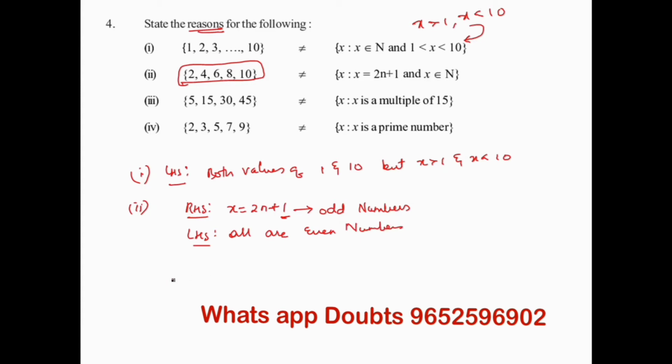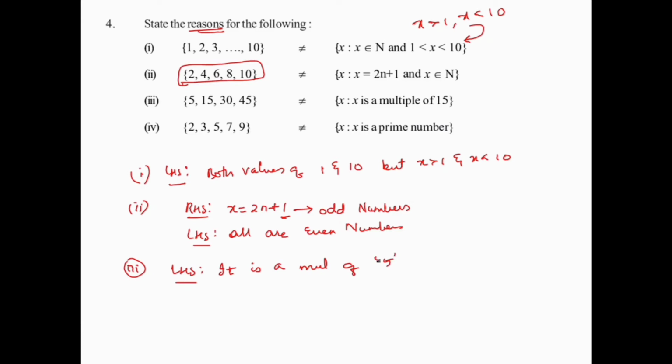And let's look at the third one. Looking at the third one, if you look at the LHS, it is a multiple of which table? Fifth table.